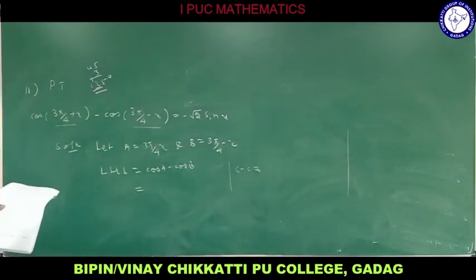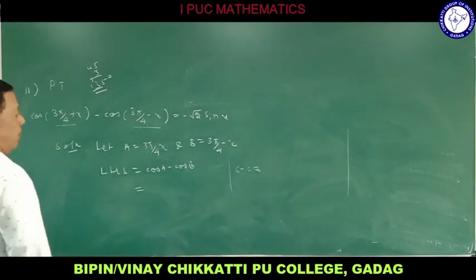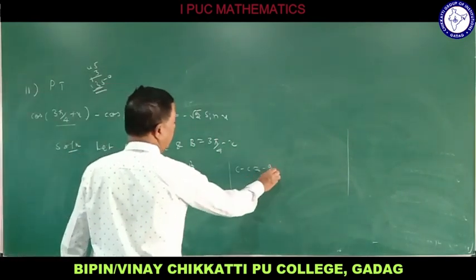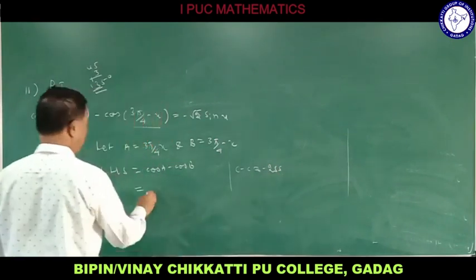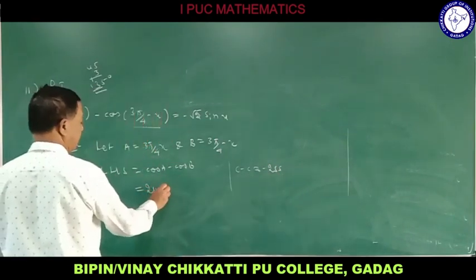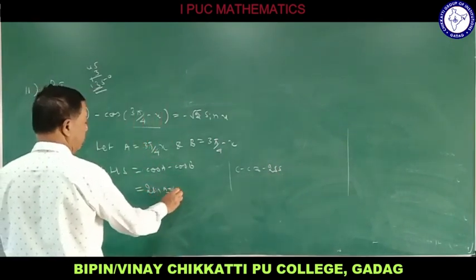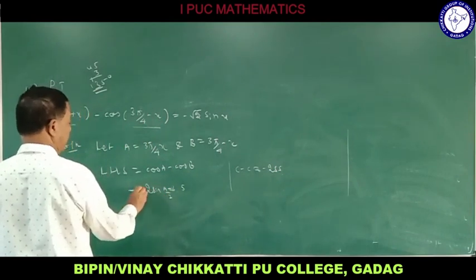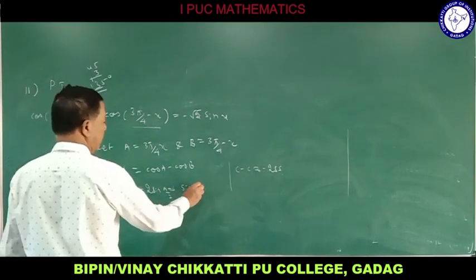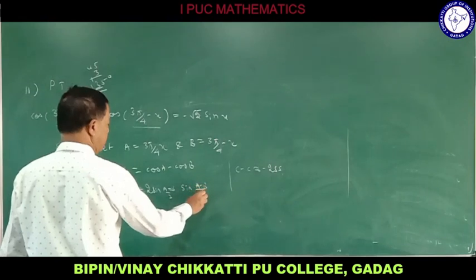So what can be applied here? Cos C minus cos D means, you know the formula, minus 2 sin (A plus B) by 2 into sin (A minus B) by 2.